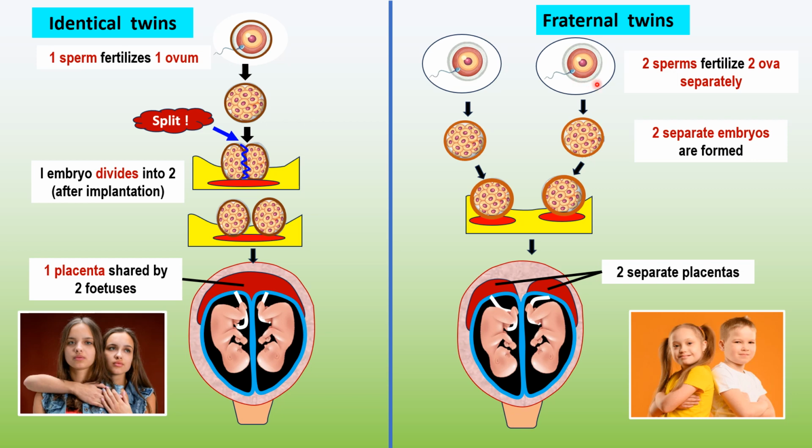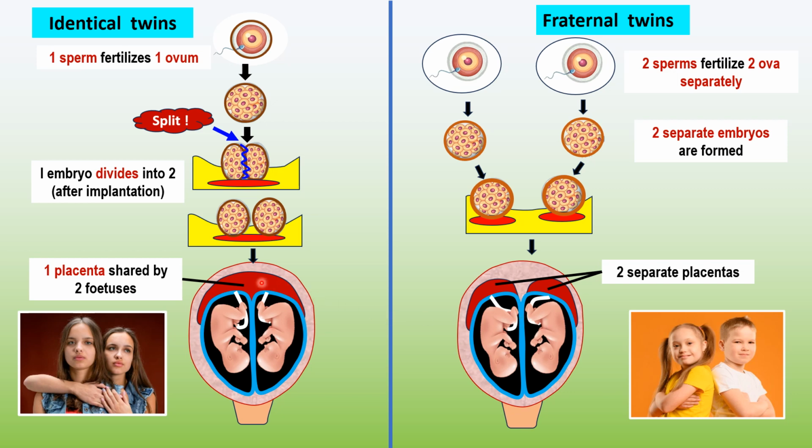So the two separate embryos then implant into the endometrium or the uterine lining, and each one will develop and grow. So they will have their own placentas, okay, and their own umbilical cords, and also there will be two amniotic sacs, okay.